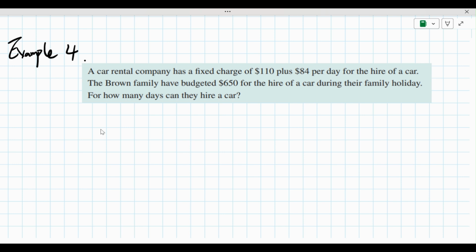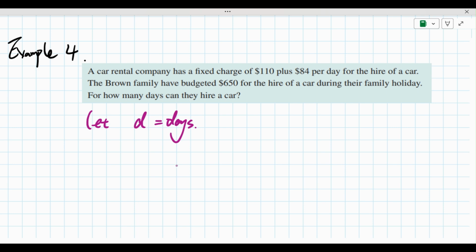And the Brown family has budgeted $650 to hire the car during the family holiday. So how many days are they hiring the car? I will let d equal the days of hiring. That's all we need to know.